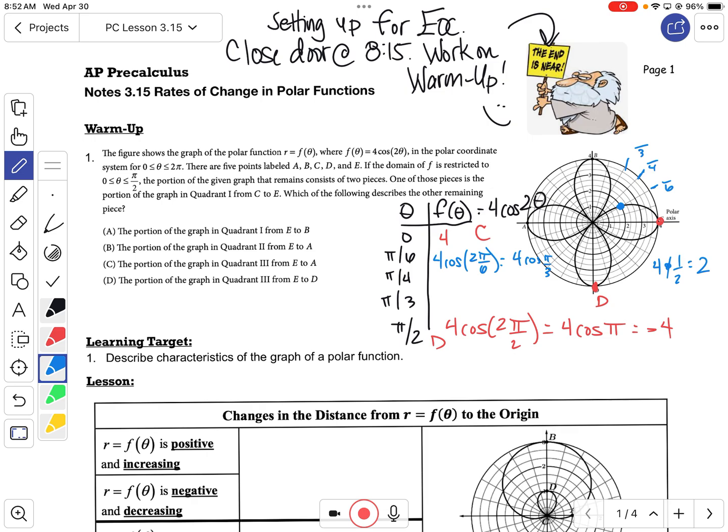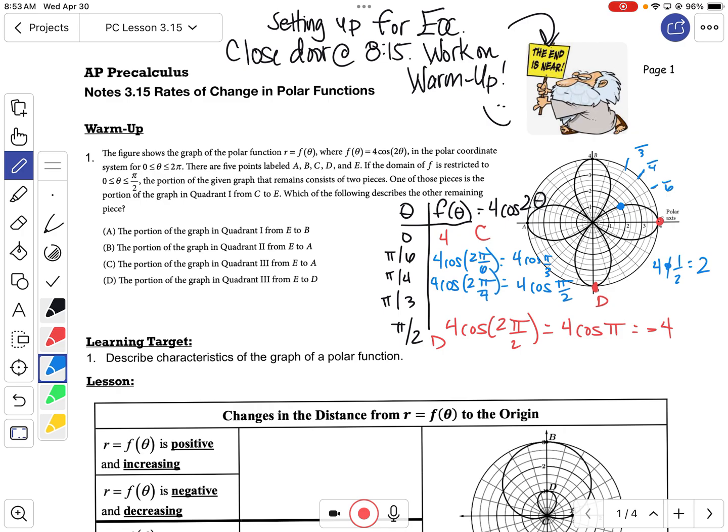I'm assuming E is the middle. Yeah, okay, so E's our middle. So that's the piece it's already talked to me about. Okay, so let's do some of the others. So then we want 4 cosine of 2 times pi over 4. Well, that would just be 4 times the cosine at pi over 2.